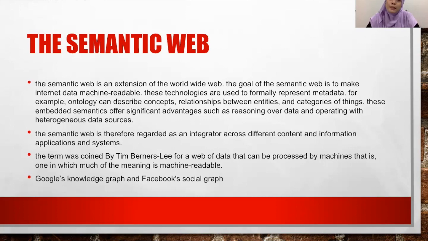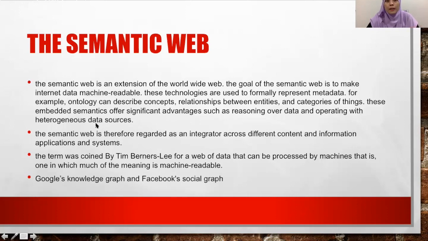But what it actually means is that now that the internet is social, what developers want to do now is to make sure that the internet can think for itself. Now that we have given the internet information, the internet must be able to process the information. So the semantic web is therefore regarded as an integrator across different content and information applications and systems.